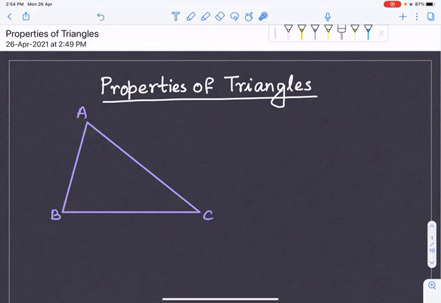And we will be using small letters a, b, and c to denote these side lengths of the triangle.